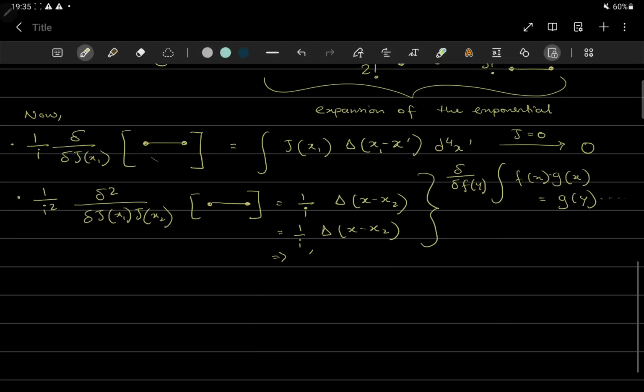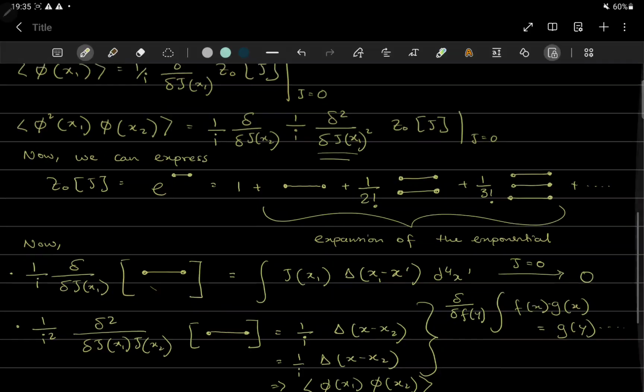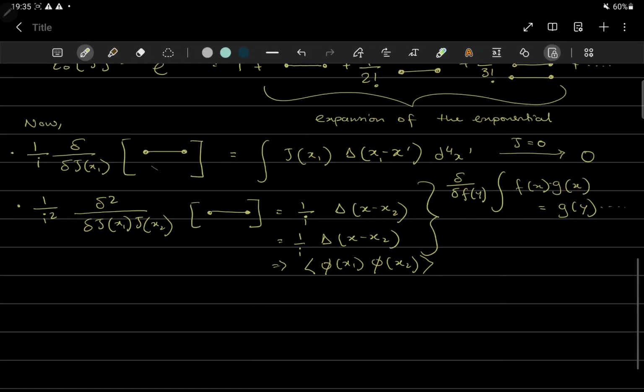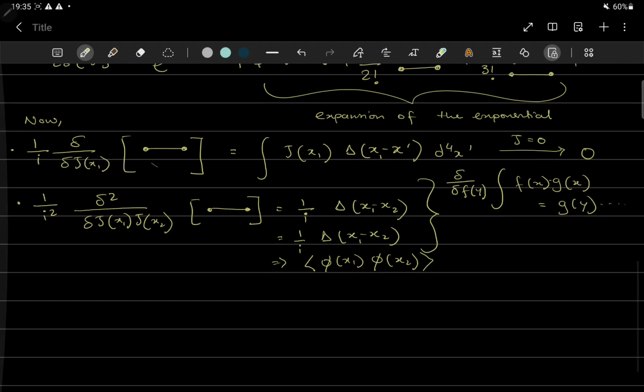And therefore the correlation function over here is just phi x1 x2, because essentially that is what we are computing, right? Okay, so I missed a 1 over here.